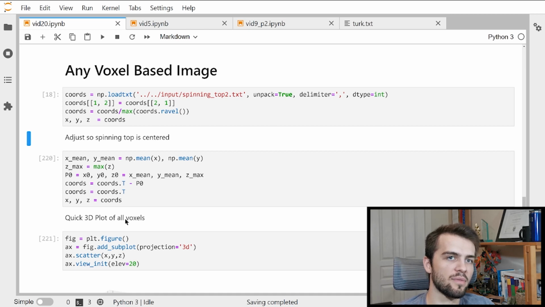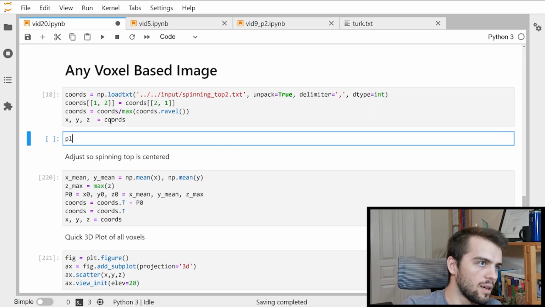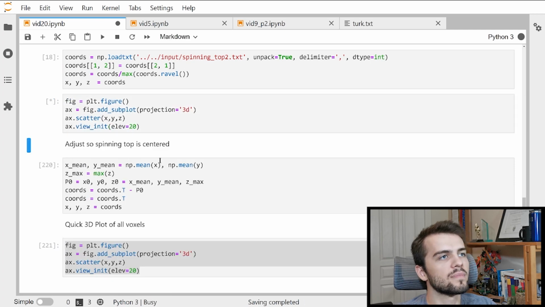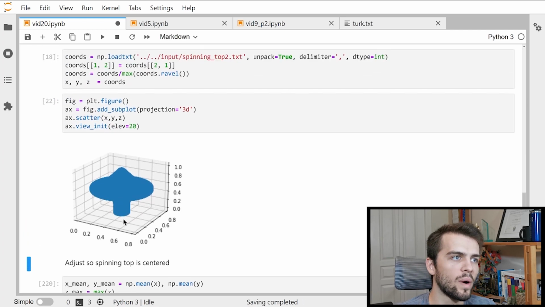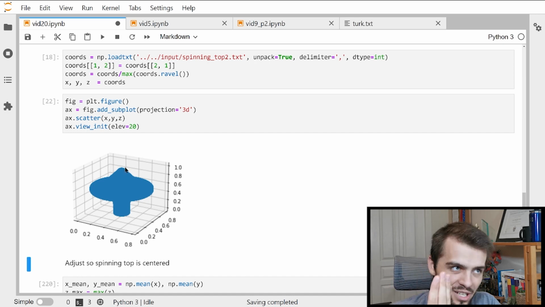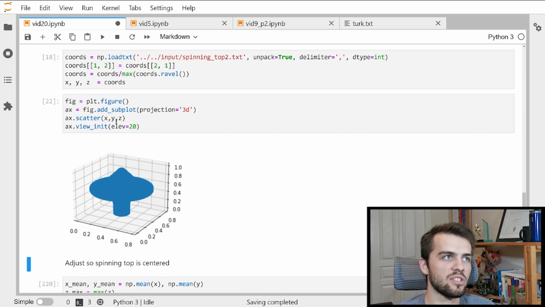That just makes everything easy for computational purposes. For example, if I were to just plot this as is, you can see that things aren't quite aligned. For example, the top of the spinning top is at like 0.4, 0.4. This is at 1. I want the top of the spinning top to be at 0, and I want the center to be at 0, 0.